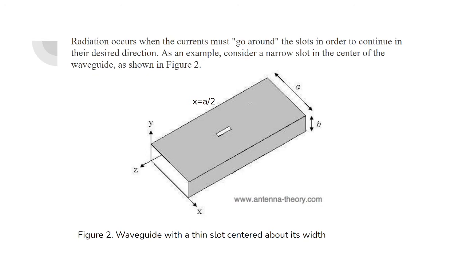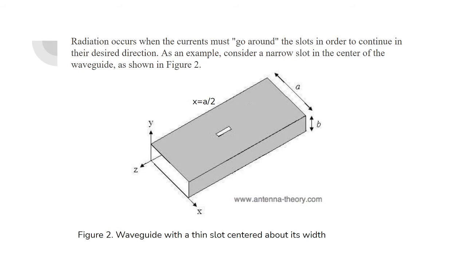Note that the distance from the edge will determine the magnitude of the current. As a result, the power that the slot radiates can be altered by moving the slots closer or farther from the edge. In this manner, a phased array can be designed with varying power to each element.